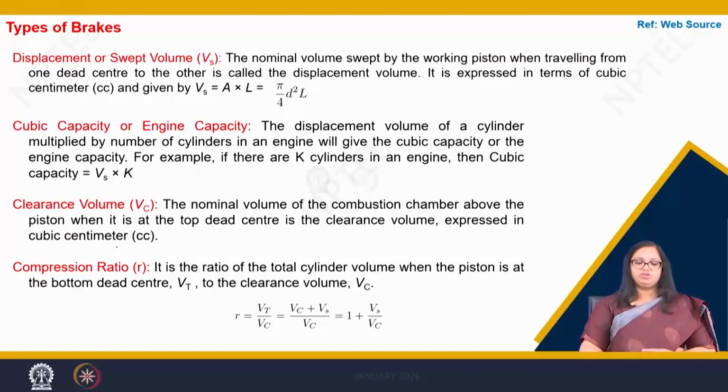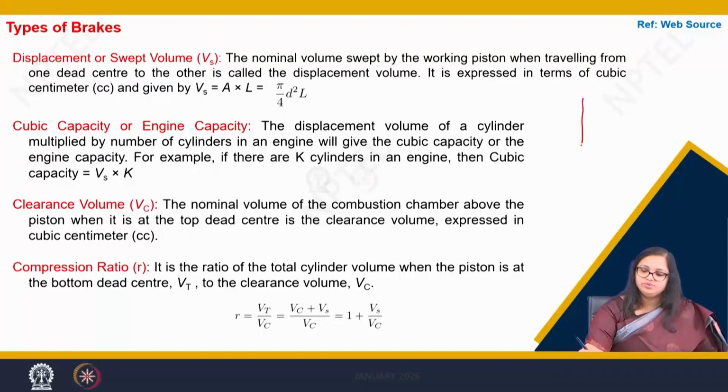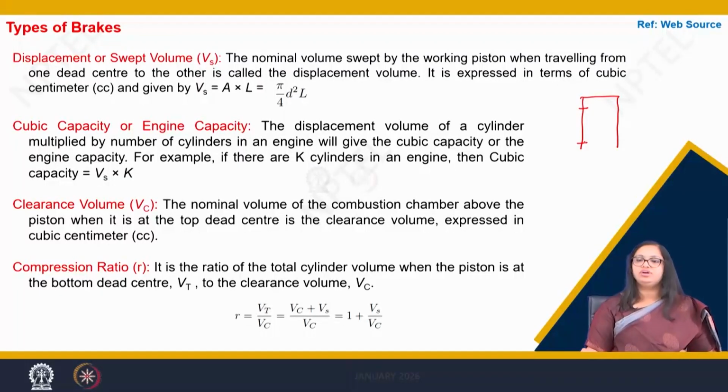Well, when we talk about the different volumes, as I explained to you, when we talk about a stroke, it is not the complete length of the cylinder, it is a certain length of the cylinder that the piston can traverse.